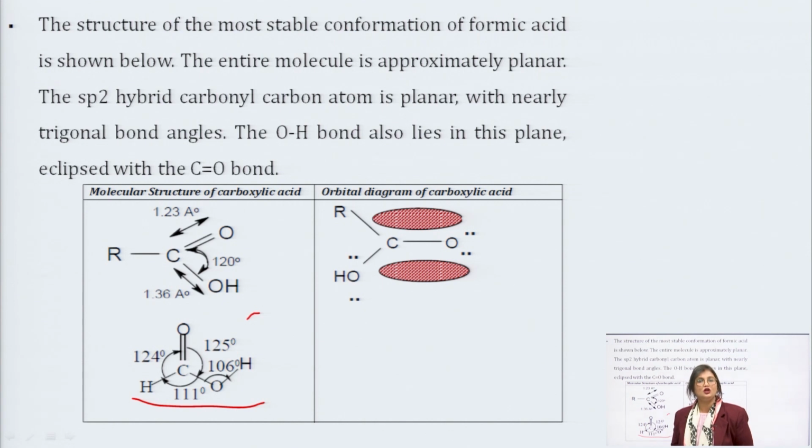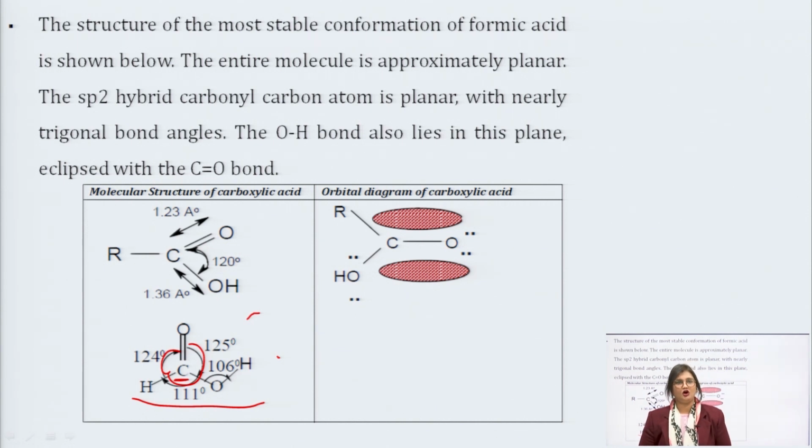From this molecule, we can observe clearly that it is a planar compound. The entire molecule is sp2 hybridized. The carbonyl carbon is planar in nature, sp2 hybridized with nearly trigonal bond angles.